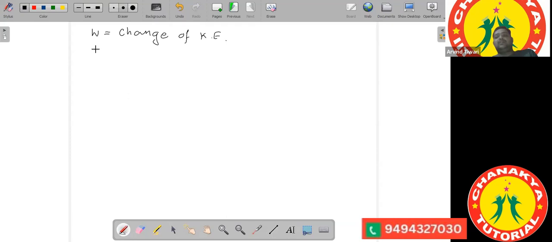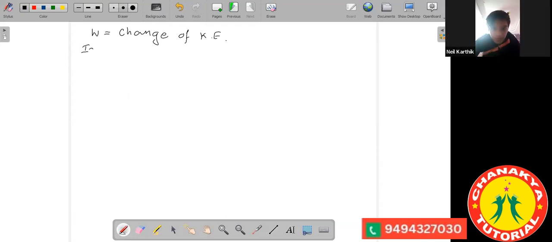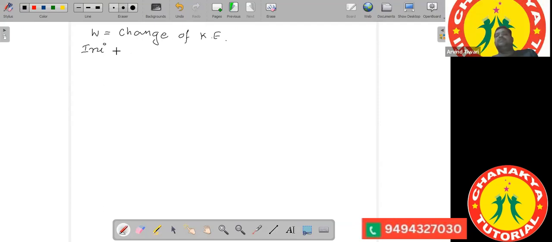Neil, you got this? Yes, sir. Okay. So if I want to find out the change of kinetic energy, I must compute the initial kinetic energy. The initial kinetic energy is calculated by the formula 1 by 2 mu squared. Then I should compute the final kinetic energy, and the final kinetic energy will be given by 1 by 2 mv squared.